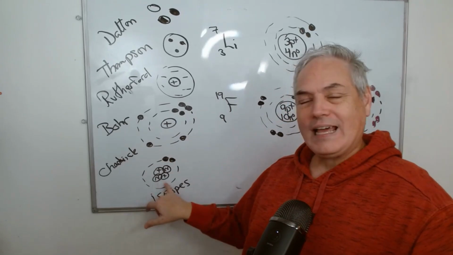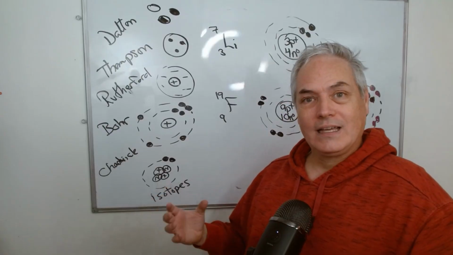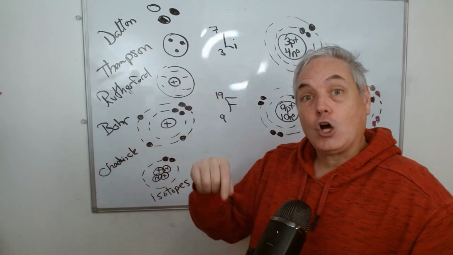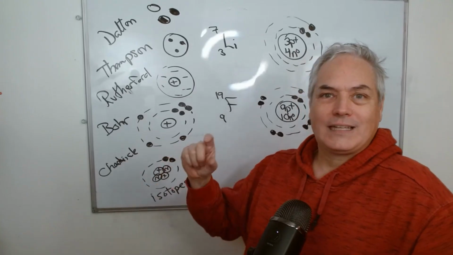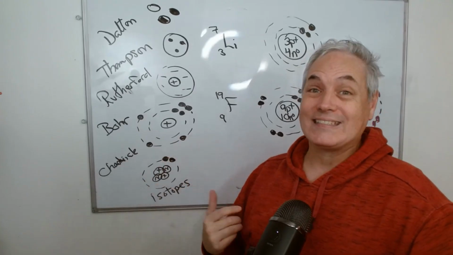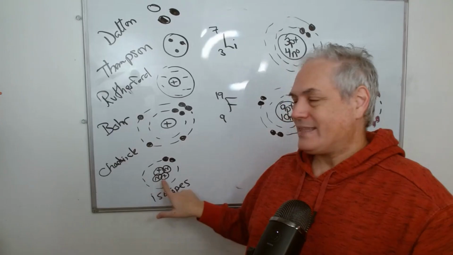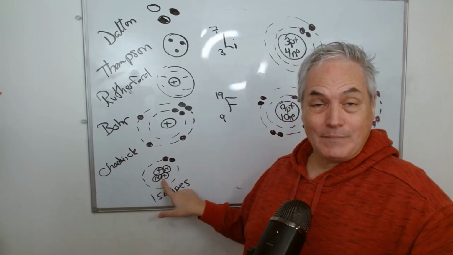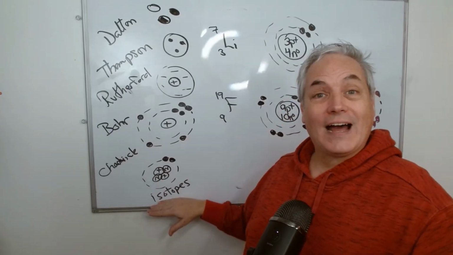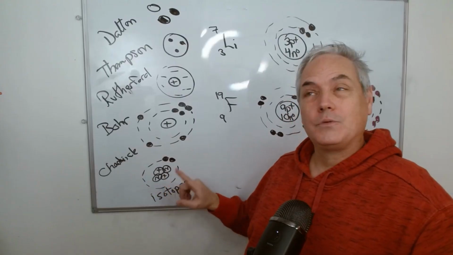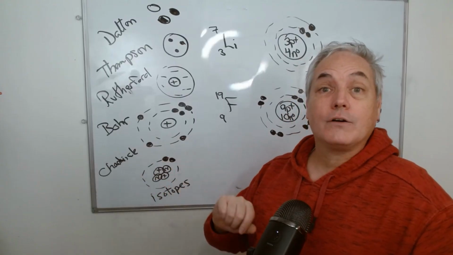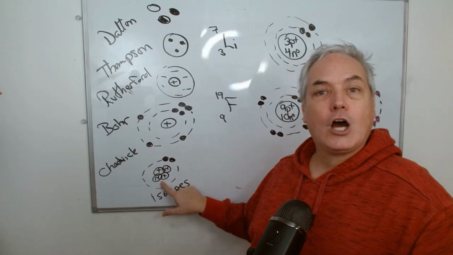So he had to explain that by having in the nucleus, on top of the protons, a particle that would have no charge but would be as heavy as protons, which would affect the density of matter. This was the discovery of isotopes within similar types of matter, and the beginning of neutrons.